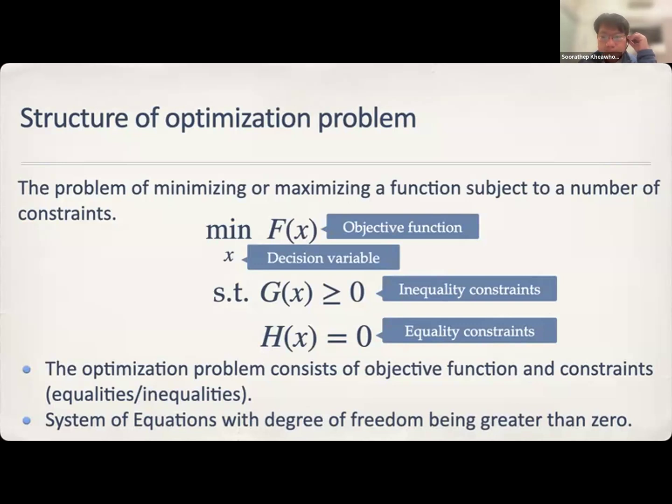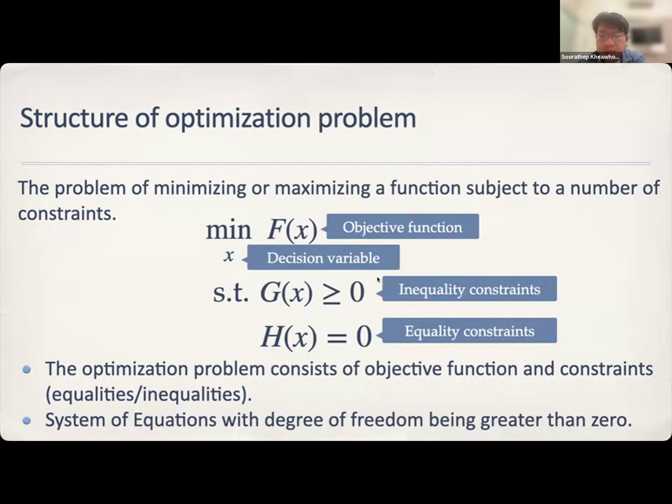Any questions? If you look at this structure of an optimization problem, you can see some similarity between a system of equations and this optimization problem. Can you notice something?